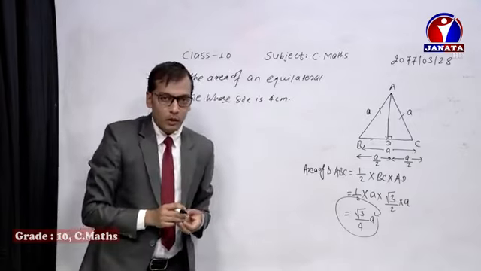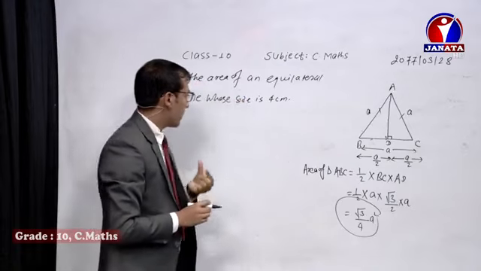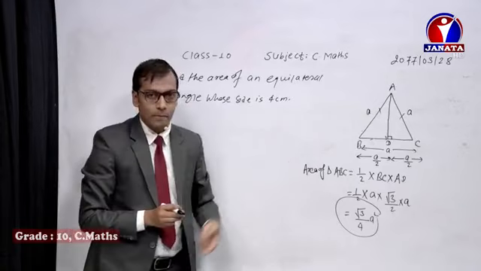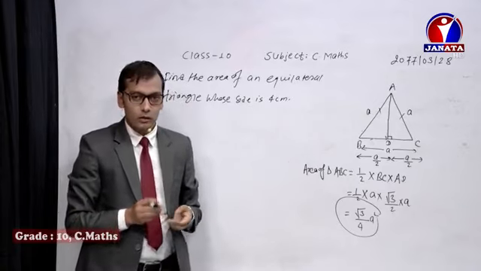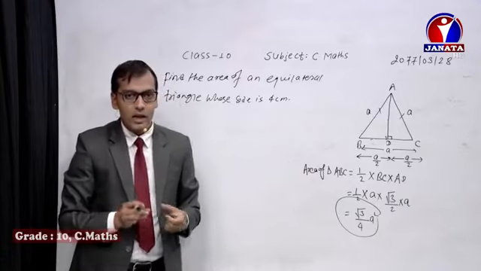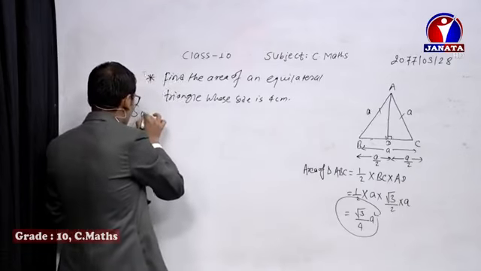So this is the example. Find the area of an equilateral triangle whose side is 4 centimeter. It means 4 centimeter is the length of the side of the triangle. Its sides are the same, because in an equilateral triangle the sides are equal in length. So let's solve this.